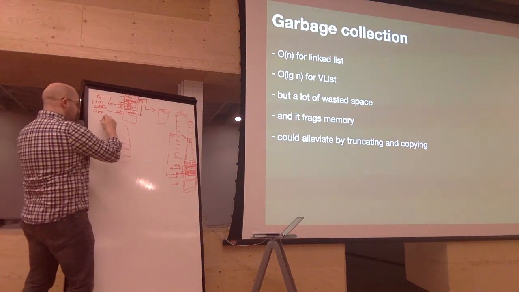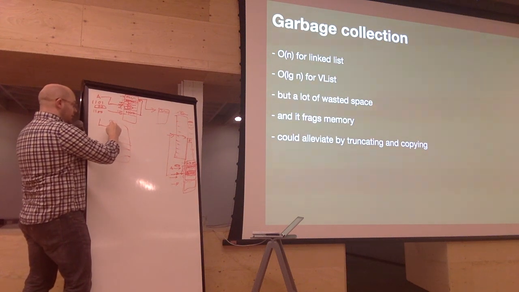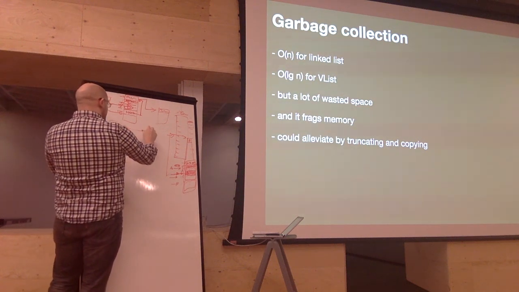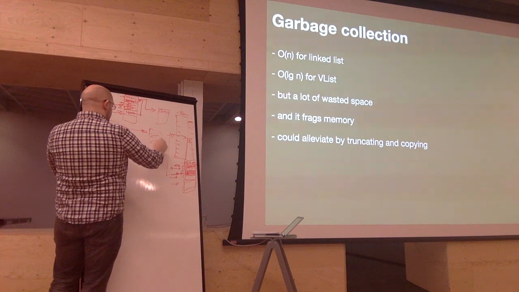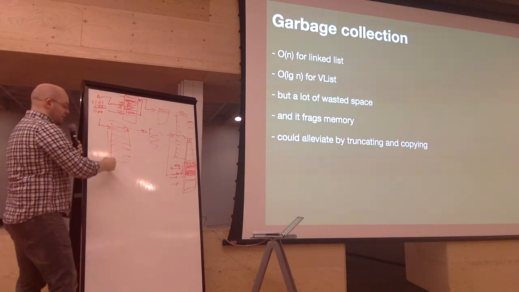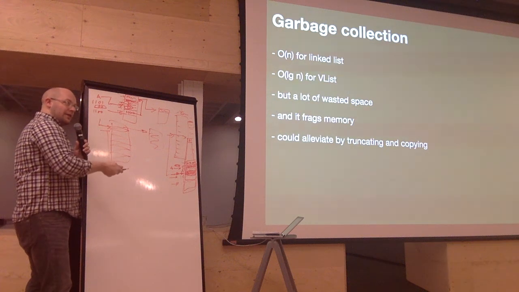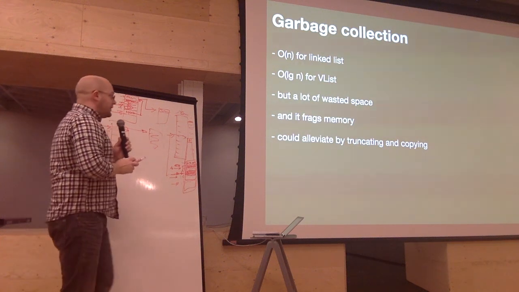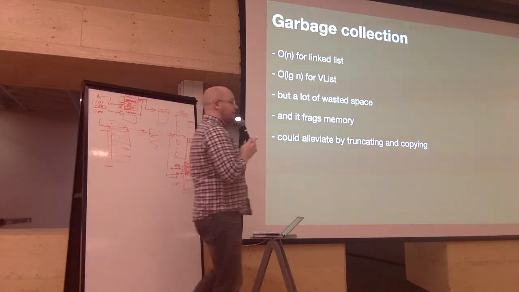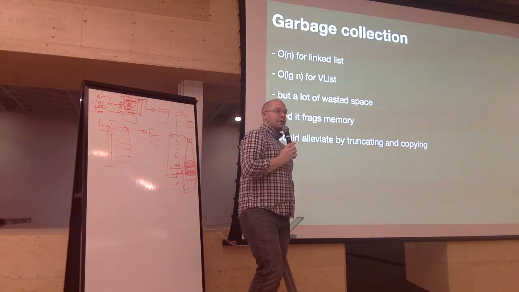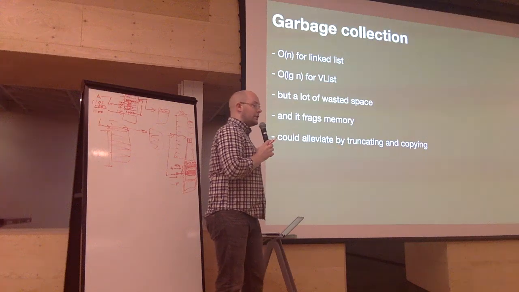We might have a pointer pointing to here very early in the list that then uses some other list as its tail. But all of this data could be reclaimed because nothing is pointing to it, and we can't reclaim it, right? Unless we teach our garbage collector how to truncate these when there are items that are unused. So we'd have to do quite a bit of work to do that.